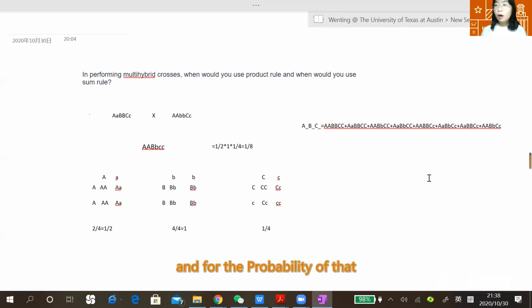For the probability of that, we will add up all the probabilities that have big A, big B, big C in them.